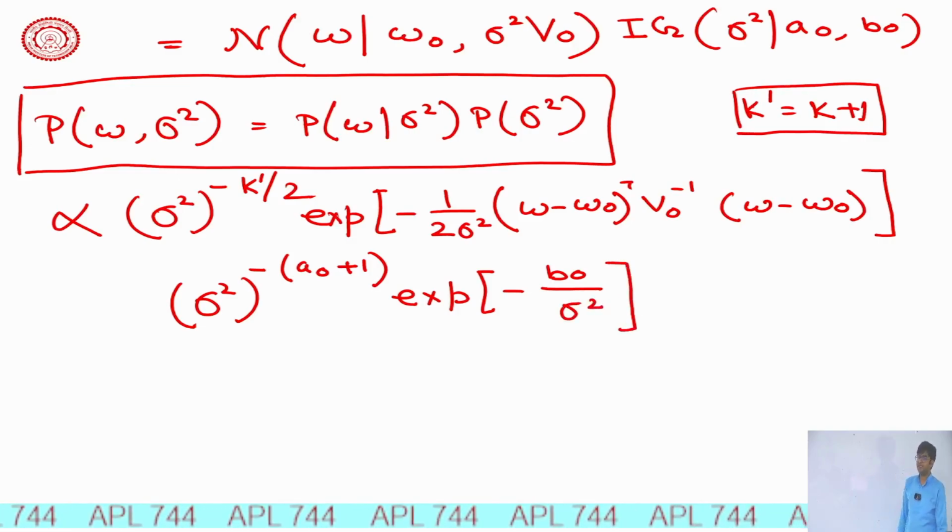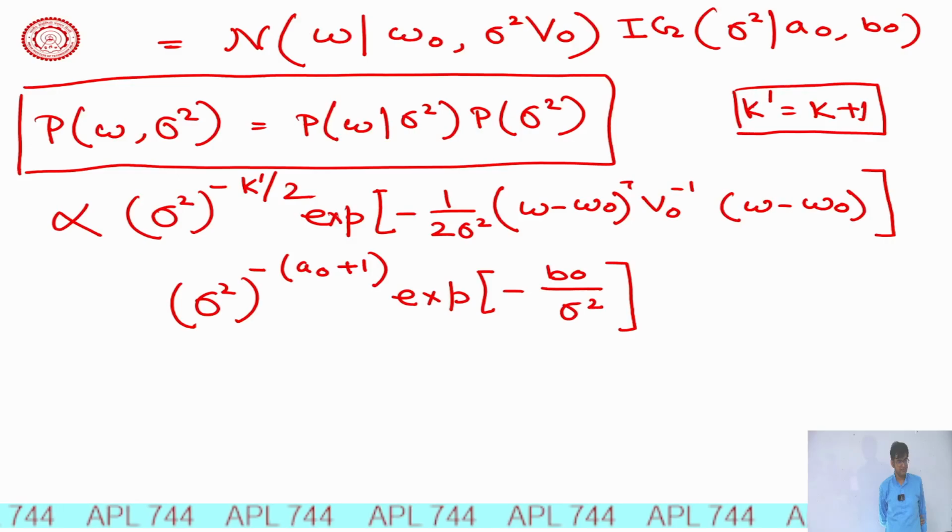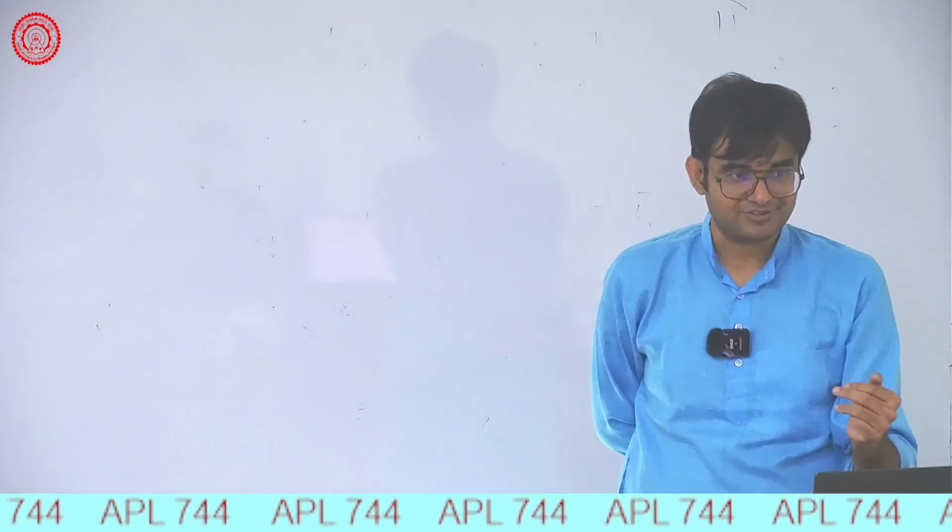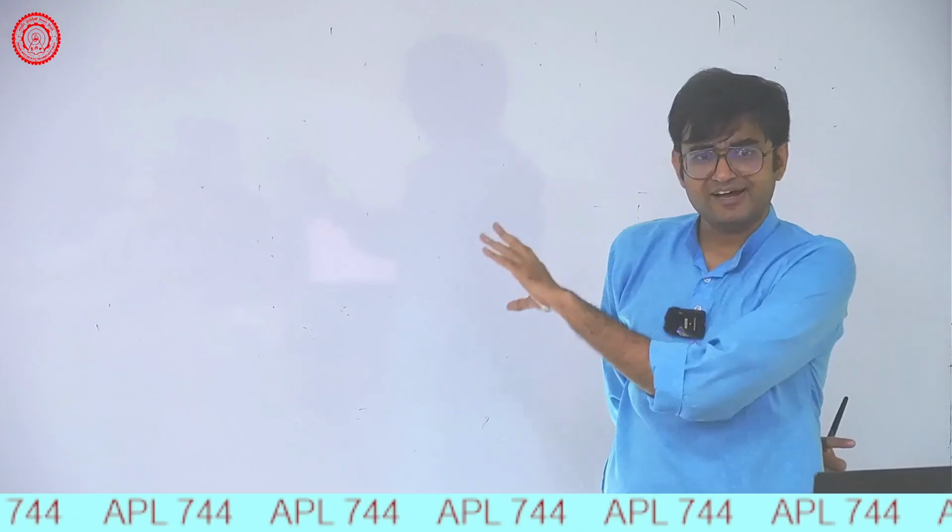This is how the inverse gamma distribution looks. Sigma square to the power minus a naught minus 1, so minus a naught plus 1 in brackets, exponential of minus b naught by sigma square. This is the unnormalized form of the inverse gamma. If you normalize it, you will get a gamma function and all those things will come. That is why it is called gamma distribution, the gamma function comes from there, but this is the unnormalized form.